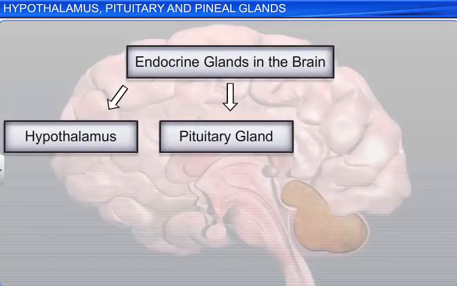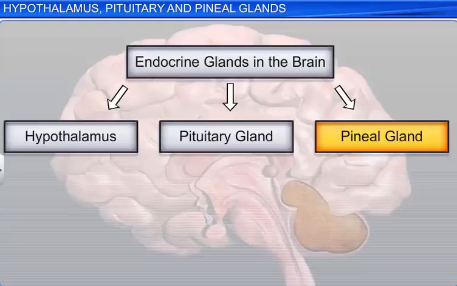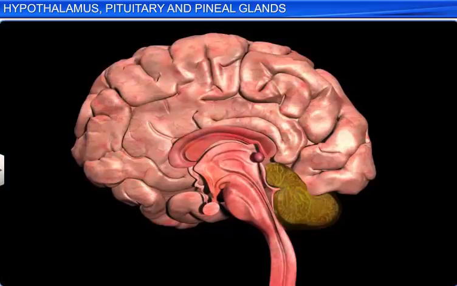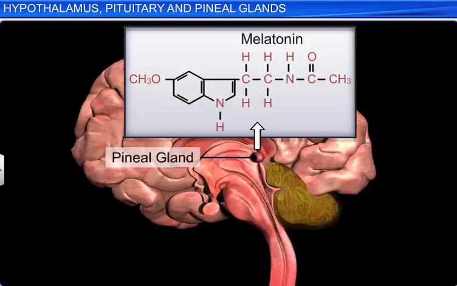Another endocrine gland in the brain is the pineal gland. It is a small, rounded gland located on the dorsal side of the forebrain. It secretes a hormone called melatonin, which regulates the 24-hour rhythm of the body.